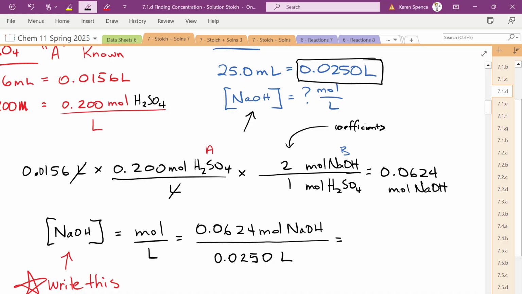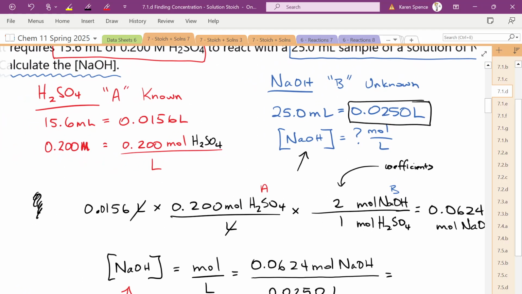And it's important that when you're doing this question, either you have to be able to see which numbers are related to H2SO4 in your head, or you have to write it down. You see how I've actually color-coded it here. Everything for NaOH is blue.